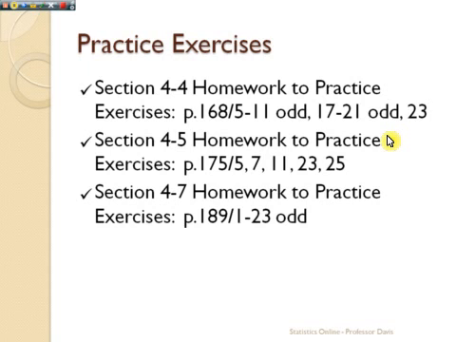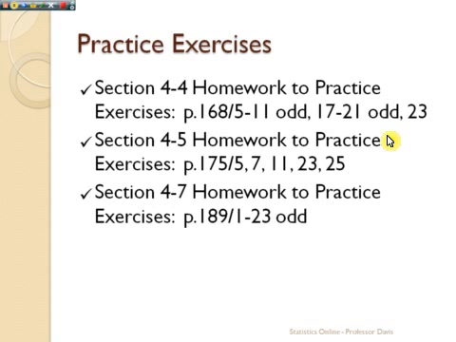And then in section 4.5, starting on page 175 of your ebook, problems 5, 7, 11, 23, and 25. I just picked out some problems there of at least one and conditional probability I thought you might be interested in. And then finally in section 4.7, starting on page 189 of your ebook, exercises 1 through 23 odd.